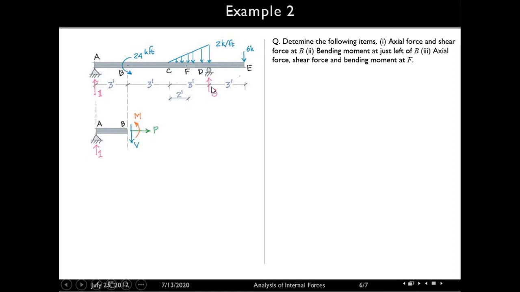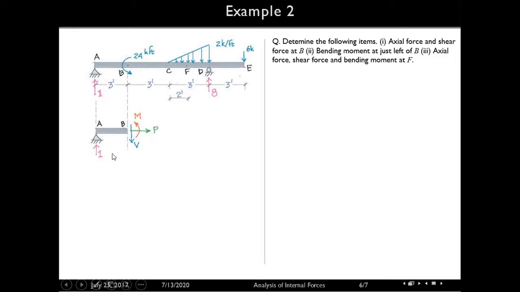In the second portion, we are asked to calculate the bending moment at just left of B. As it is asked at just left of B, we haven't taken this moment. We have avoided this moment, as the moment is exactly at B and we are asked to calculate the moment at just left of B, so we haven't included it.